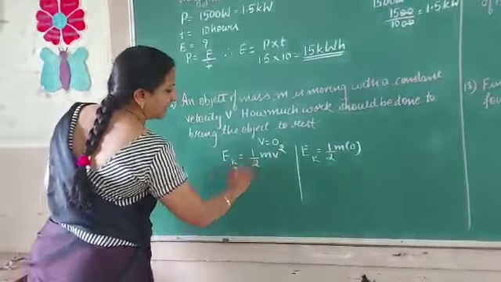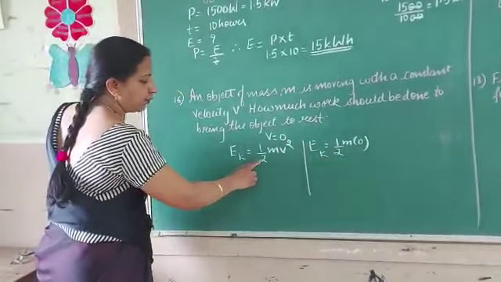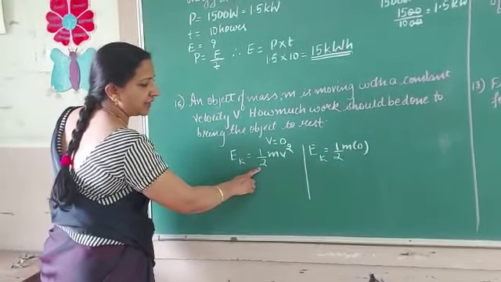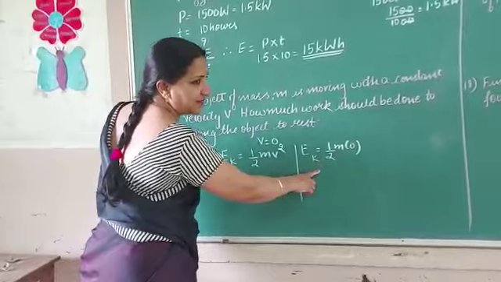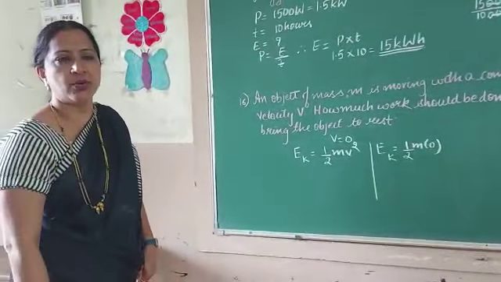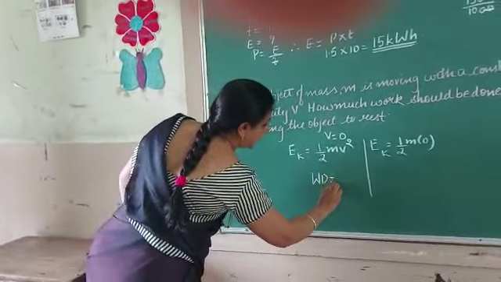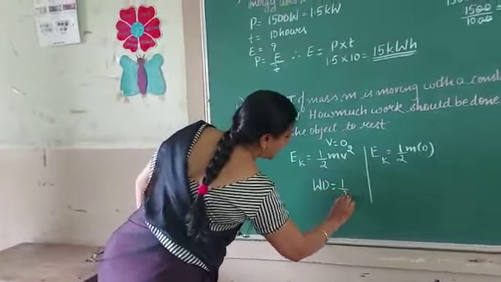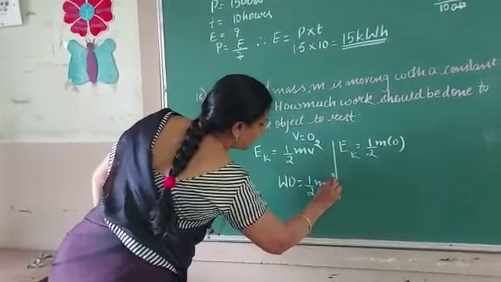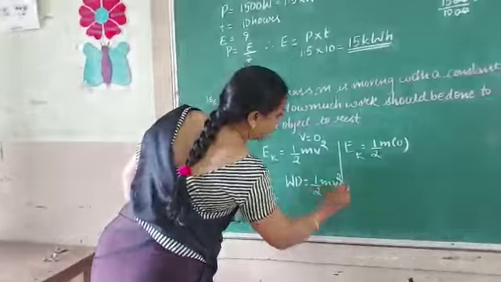So the work done is nothing but the change in the kinetic energy. It was moving with half mv square kinetic energy. It has to come to rest. That means the kinetic energy will be equal to 0. So the work done will be equal to the kinetic energy with which it is moving. Work done will be equal to half mv square.